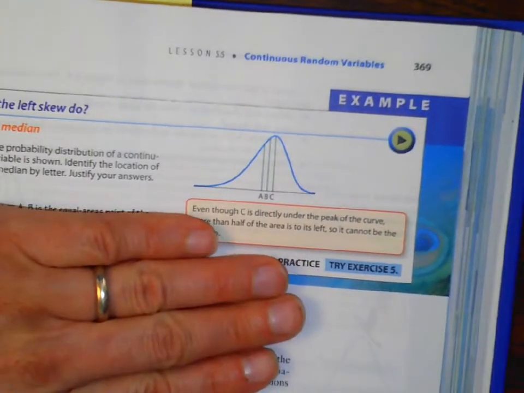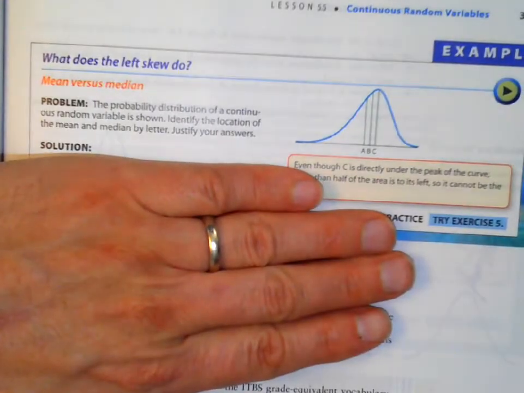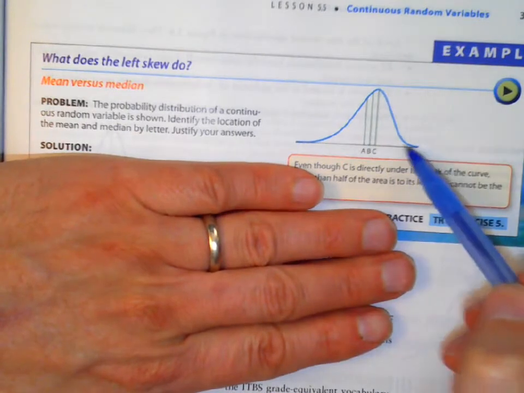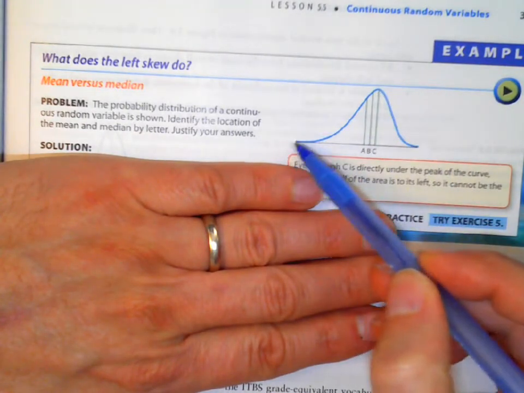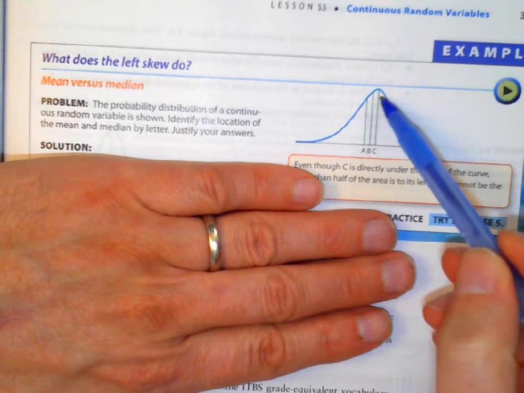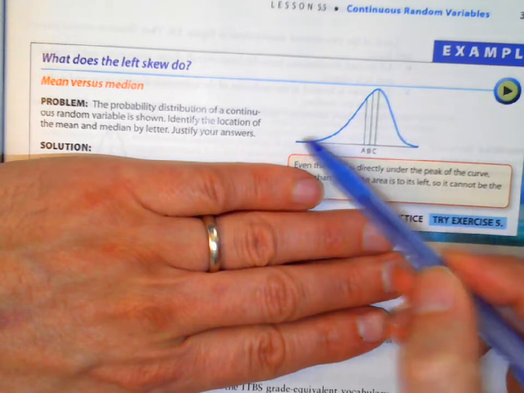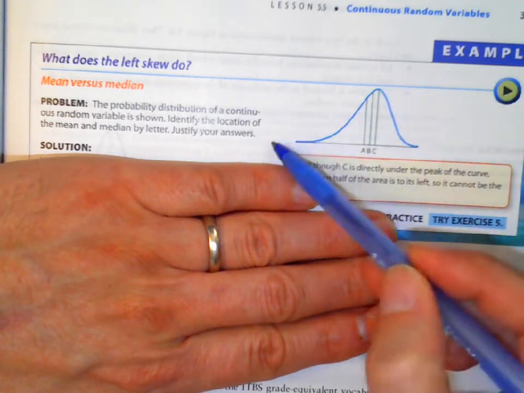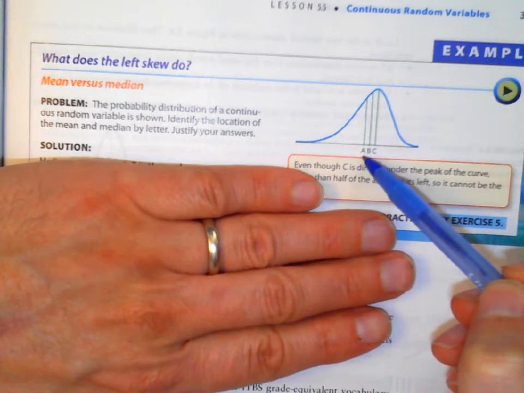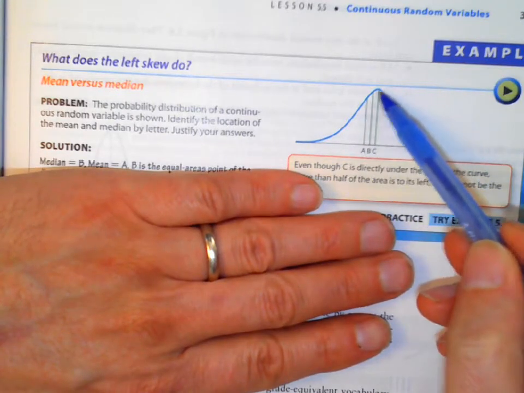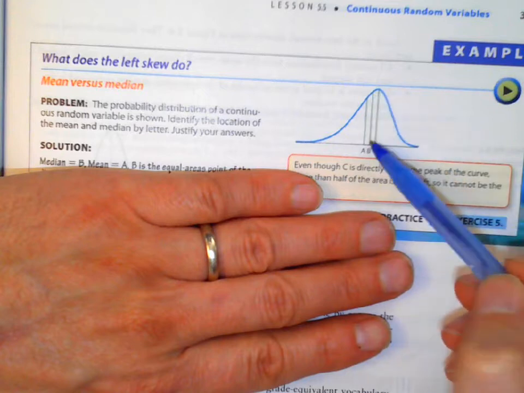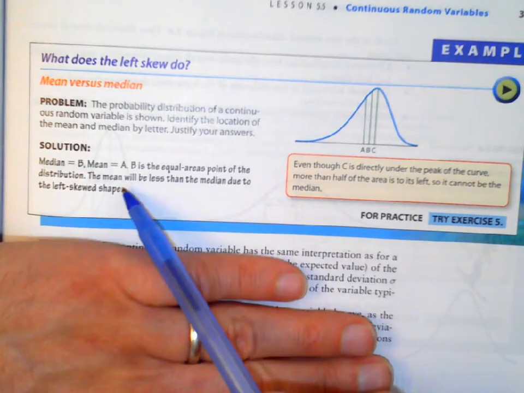Okay, so if you look at this here, which do you think would be the mean and which do you think is the median? Okay, so we can see a slight skew to the left here. So what's going to bring it this way? Okay, the mean is going to be brought this way a lot more, so your mean is A, and your median is brought just a little bit this way because there's a few more numbers. The median would be B.